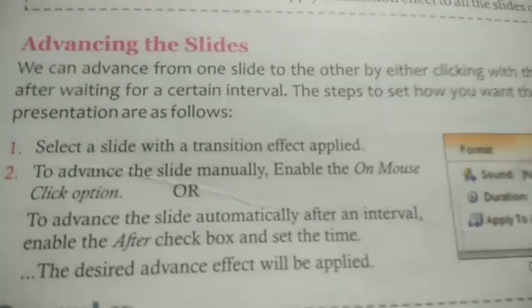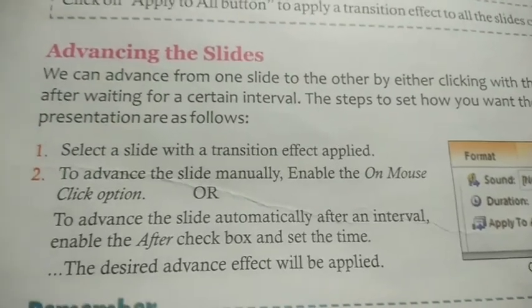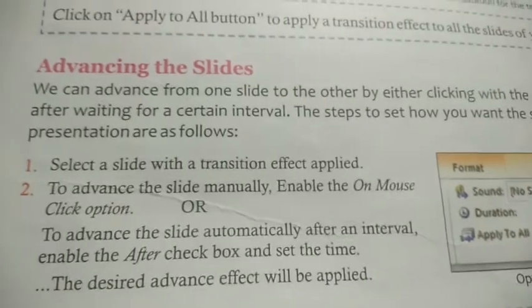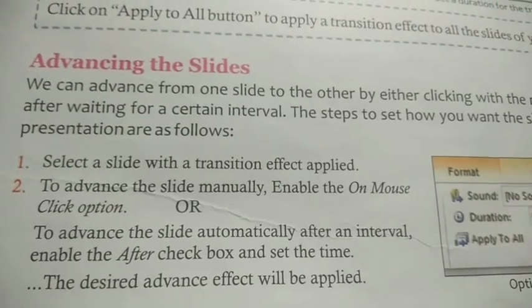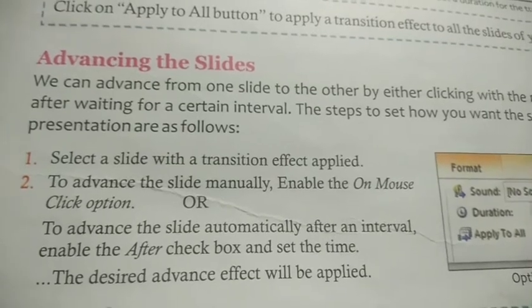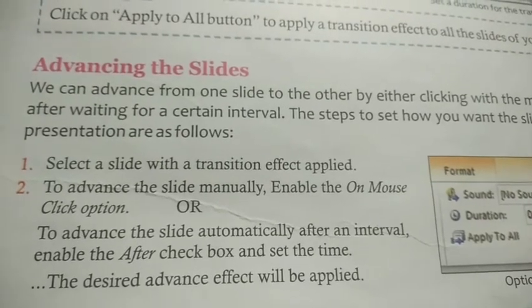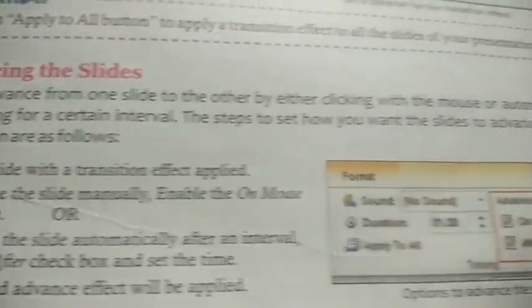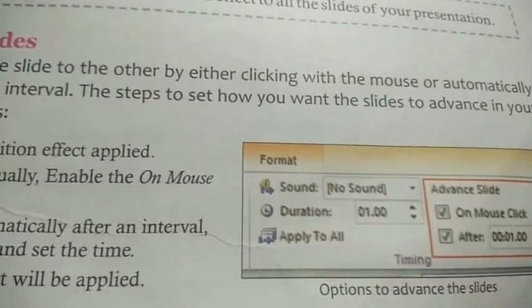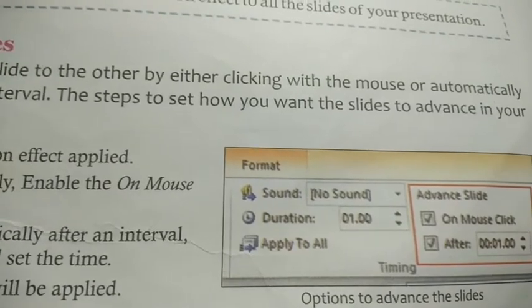Then to advance the slide manually, enable the On Mouse Click option. Or you can choose to advance the slide automatically after an interval: enable the After check box and set the time. So the desired advance will be applied. So this is the dialog box option to advance the slides.